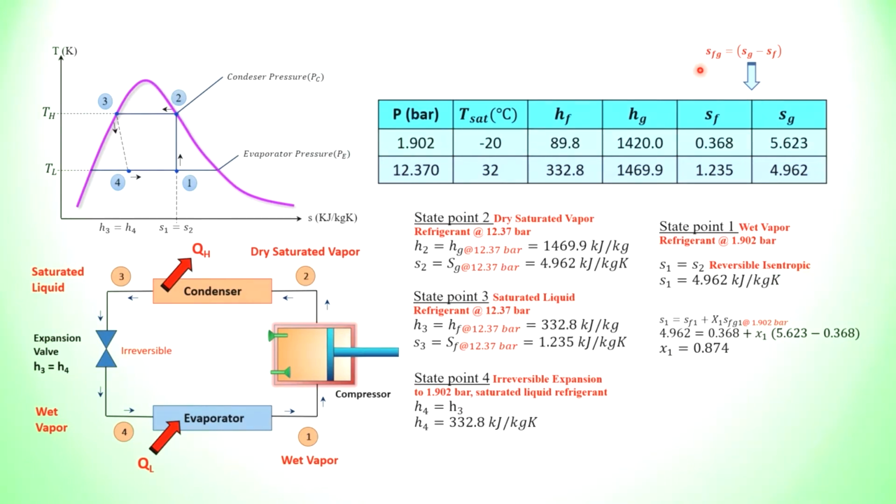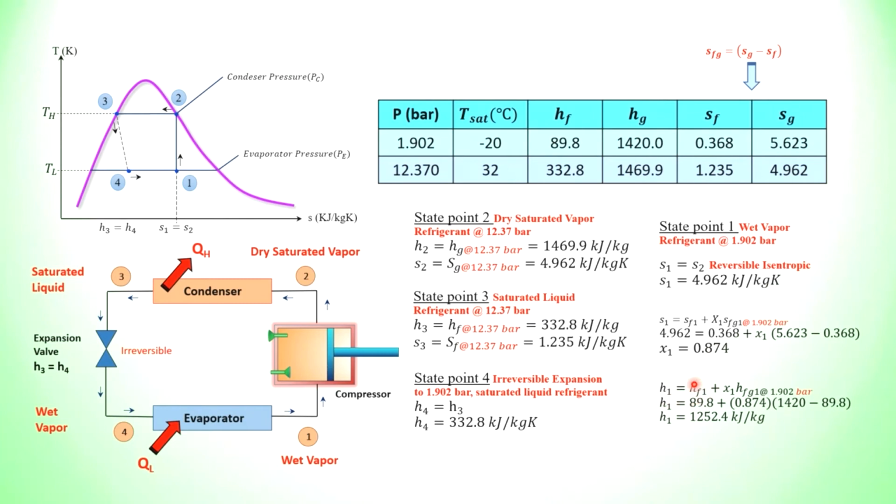So you have your SFG for this at 1.902, that is 5.623 SG minus 0.368 SF. So find out your dryness fraction. So you've got X1 is 0.874. Then only you go for your enthalpy.